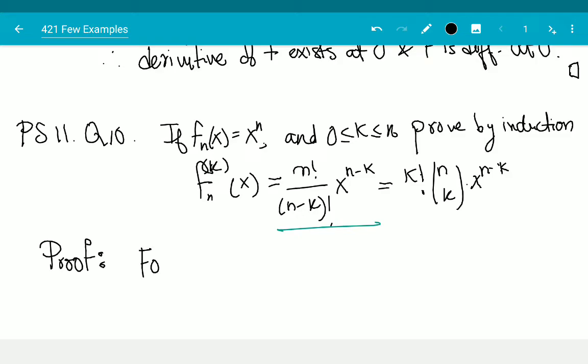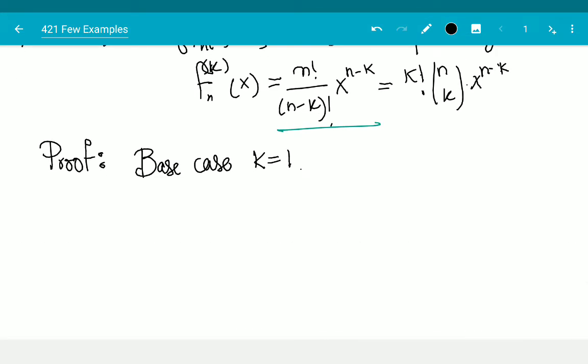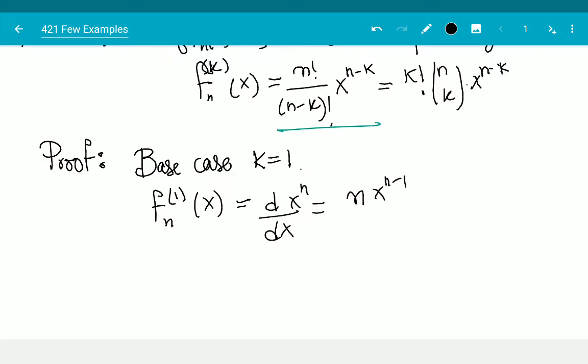For the base case, k is equal to 1. The first derivative of f_n, which is d over dx of x to the n, is equal to n x to the n minus 1, which is equal to n factorial over n minus 1 factorial times x to the n minus 1, right?